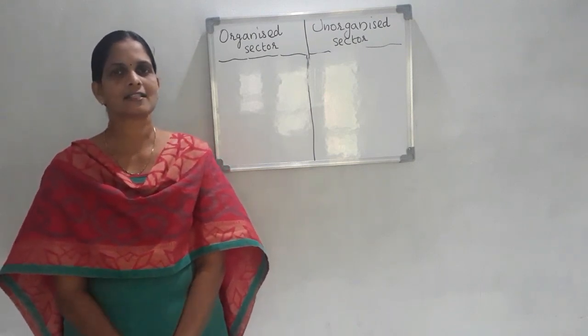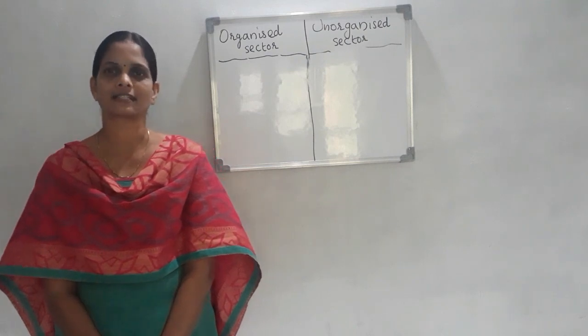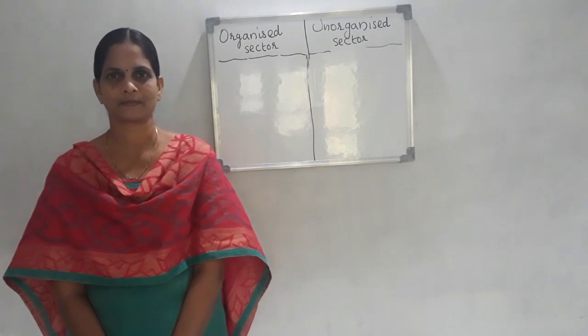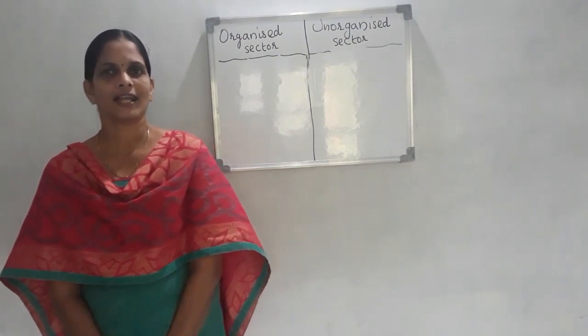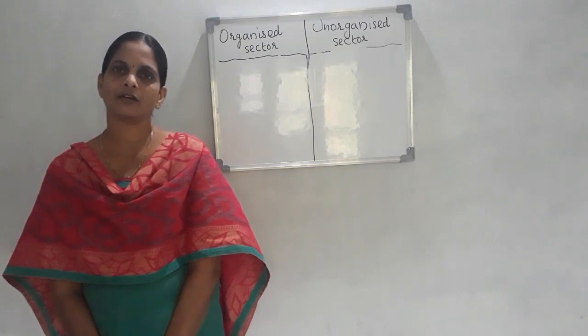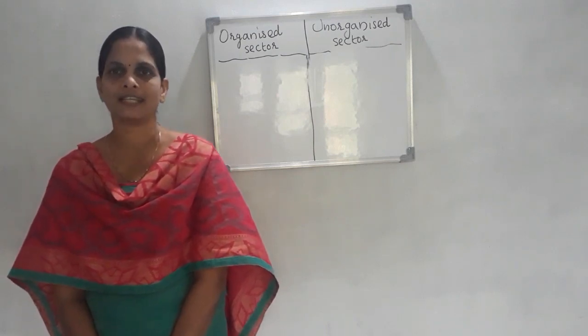In the previous classes we discussed the divisions of economic sectors classified on the basis of economic activities. Today we are discussing the division of economic sectors classified on the basis of employment condition.